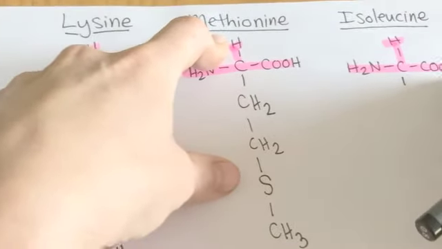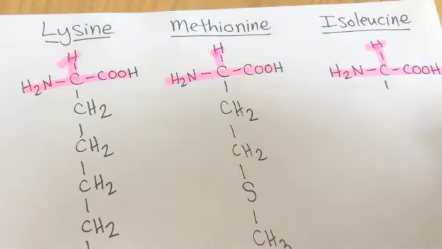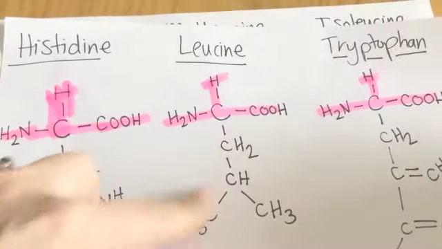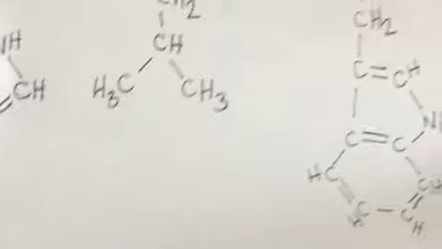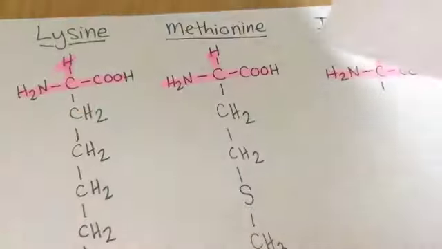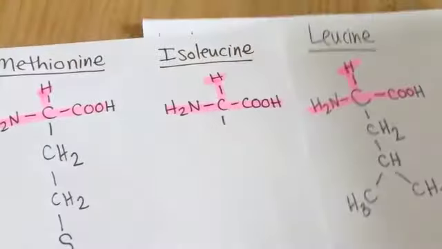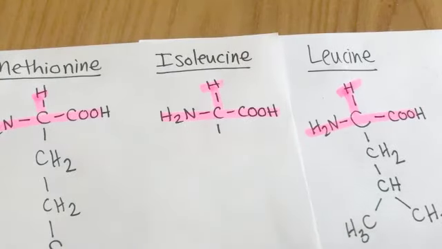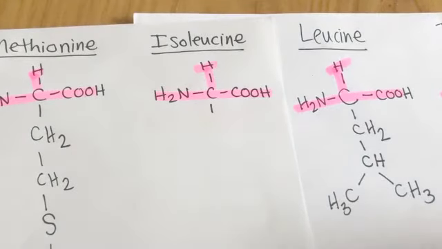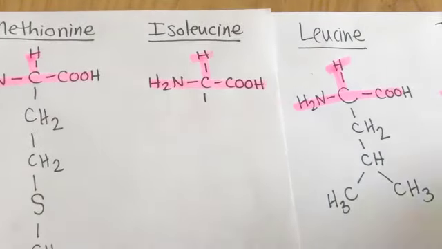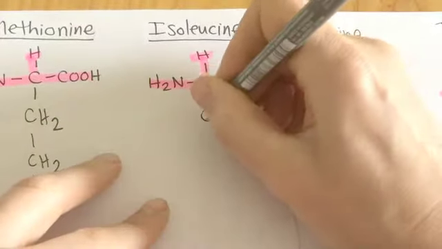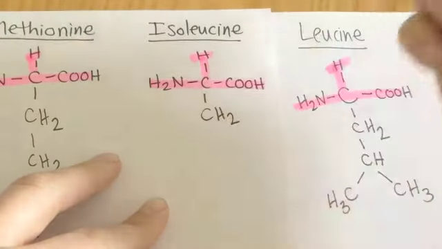Moving on to isoleucine. Earlier we had leucine, the second one that we drew, right here. Now we're doing isoleucine. To help you see the difference between these two, I'm drawing isoleucine. Again, we start out with that CH2.